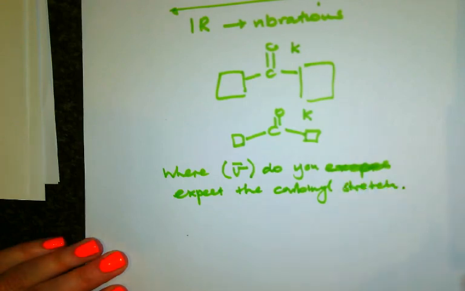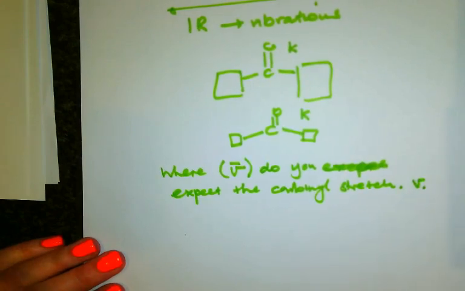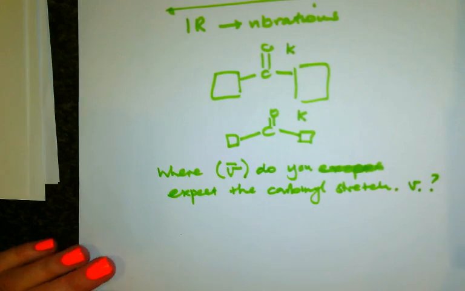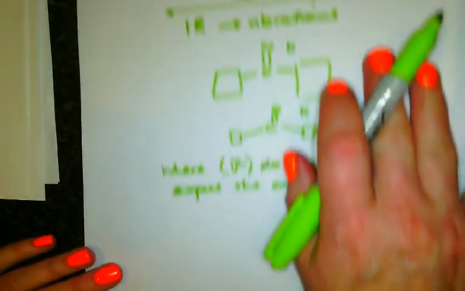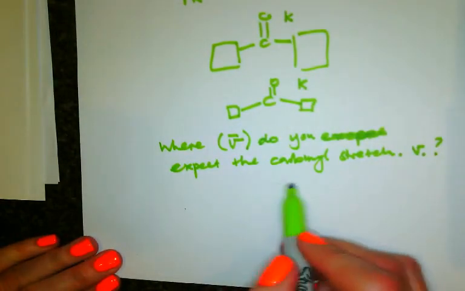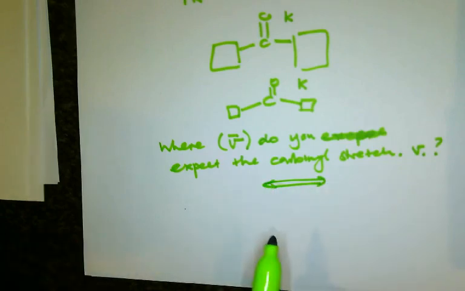So the stretching wave number or stretching frequency, if you want to work with frequencies. You can consult Mr. Google to find that information. You can also ask Mr. Google to help you with these line drawings, because that will tell you where in the spectrum you're going to find the information that you're looking for.